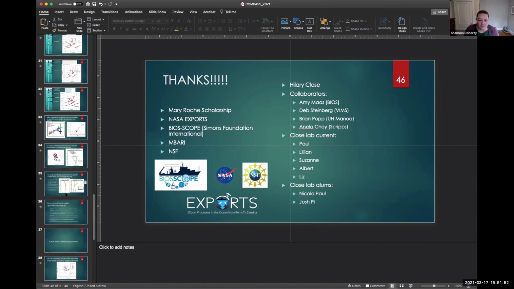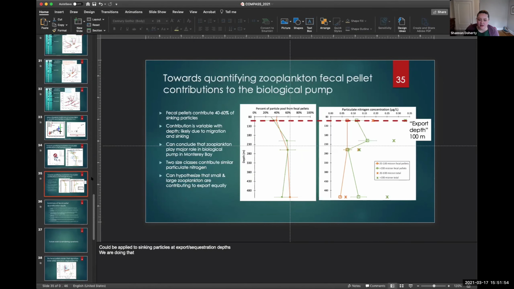Based on our estimates of the fecal pellet concentration with depth, at least in Monterey Bay, it looks like they sink quickly enough that they're escaping a lot of breaking up and repackaging. Obviously here in the larger particles, we have a lot of fecal pellets at about 200 meters.